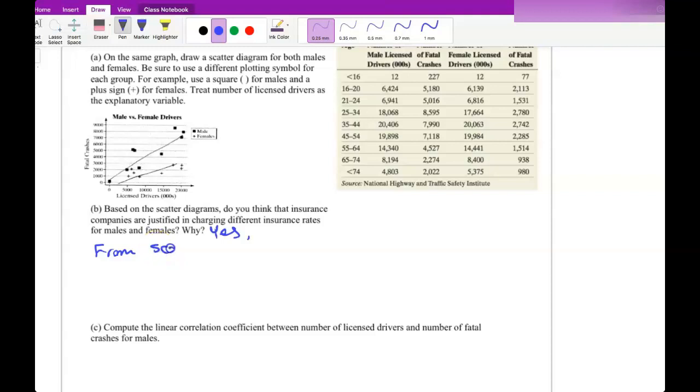So from the scatter diagram, males have a higher crash rate.